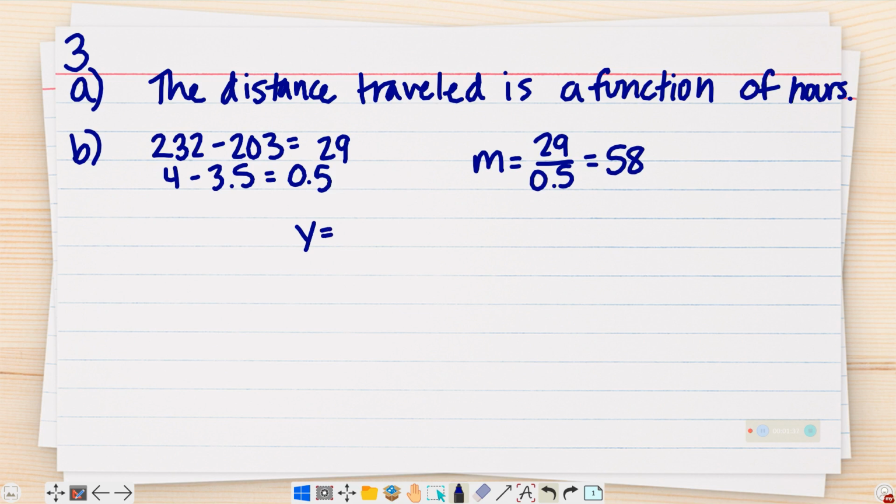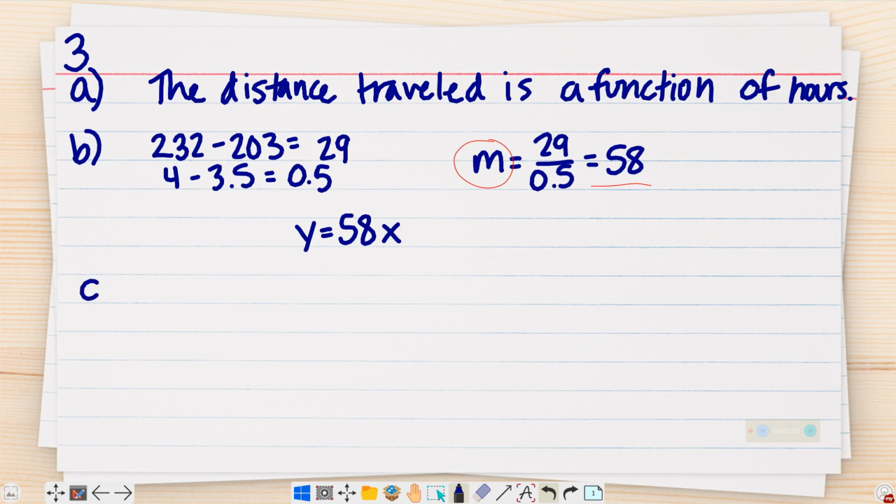We use y equals mx plus b. We just found out m is equal to 58, so I'm going to swap the m with the number 58. They don't start with any miles driven, so the b value is 0, and we don't need to write it.